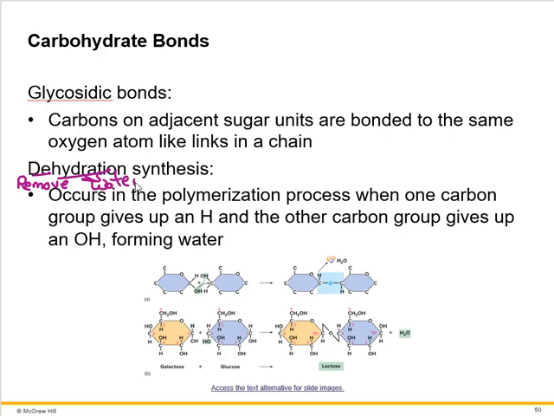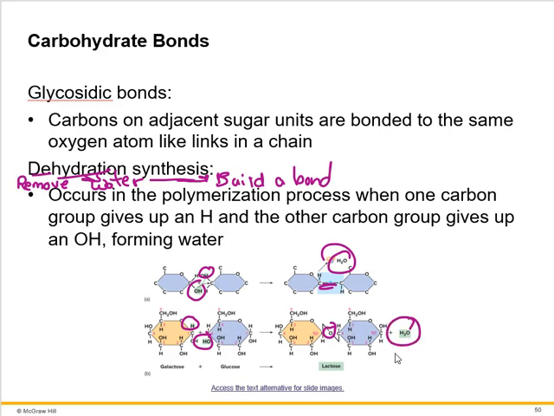So when you remove water, synthesis means you build a bond. And so that is indeed what is happening. So we take a hydrogen from one, a hydroxyl from the other, that forms water, and that leaves the space open for this bond to form. And so you can see again, hydrogen from one, hydroxyl from another, and there's your glycosidic bond, and you get water as a product.